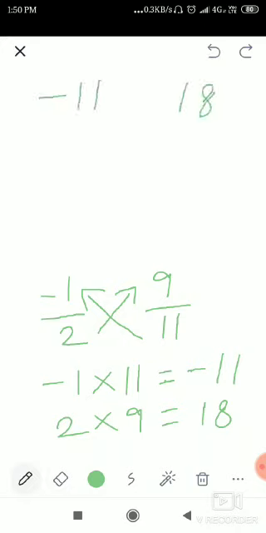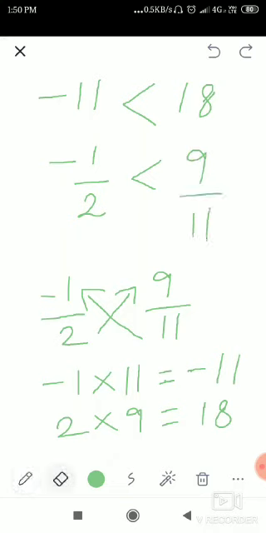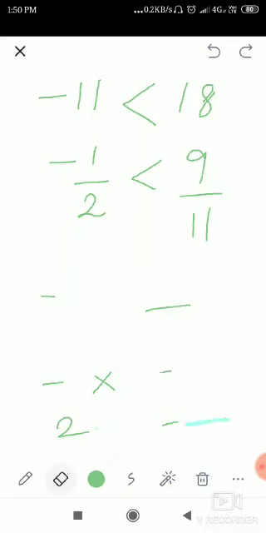Obviously here also one is a negative number and one is positive, so the positive is greater. So minus 1 by 2 is less than 9 by 11. So 9 by 11 is the greatest number.